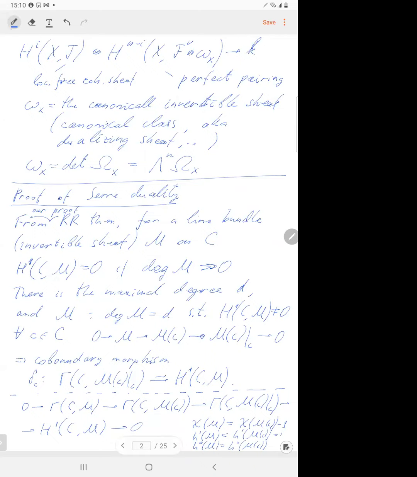So where were we? We had this coboundary morphism for any point C, and now I want to consider them all together, and that's what we did last time. So let me recall from the last time.